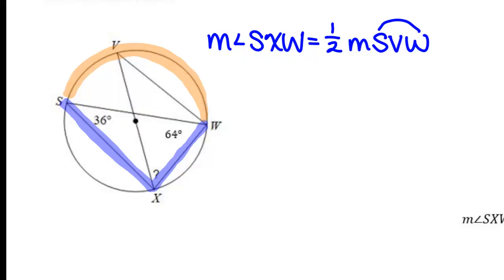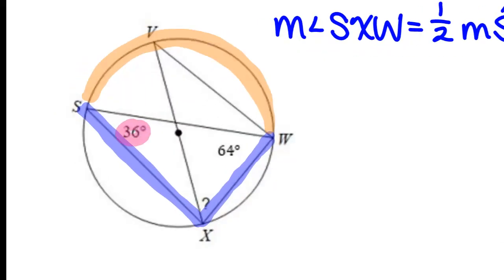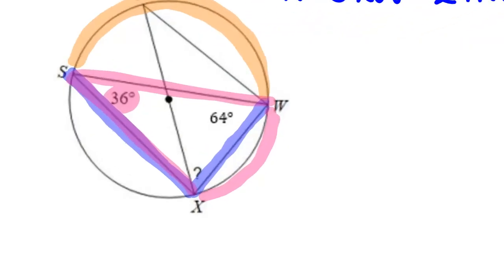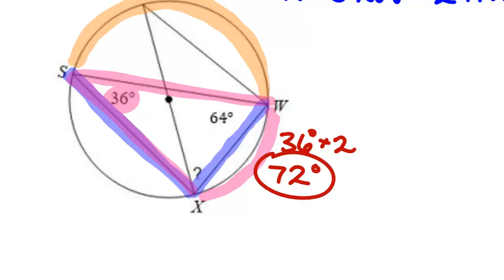One thing that I notice is this 36 degrees, and that's this angle right here. So I can use that to figure out this arc over here. If I know the angle is 36 degrees, what do I do to find the arc? Multiply by 2. This would be 36 degrees times 2, so that would make it 72 degrees right here.